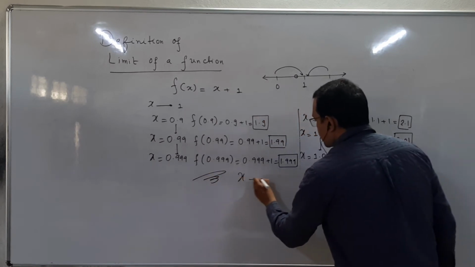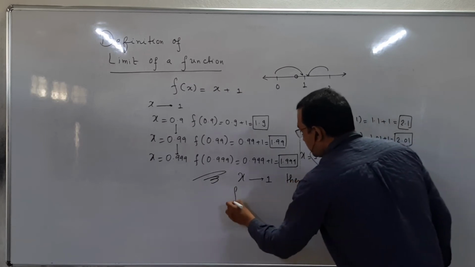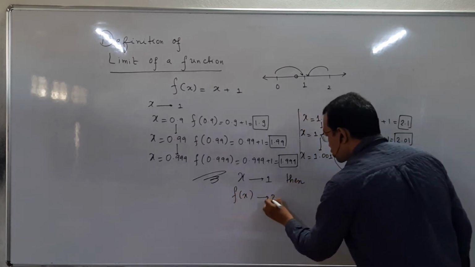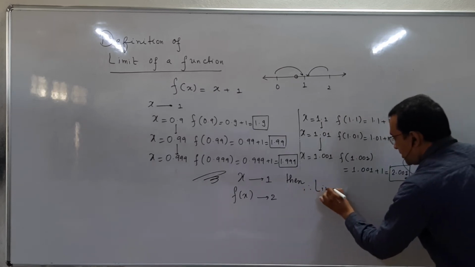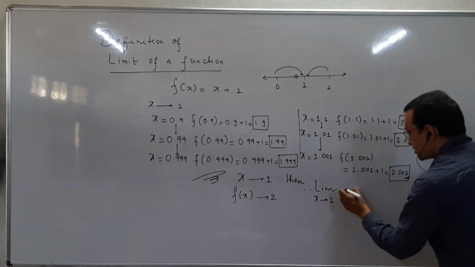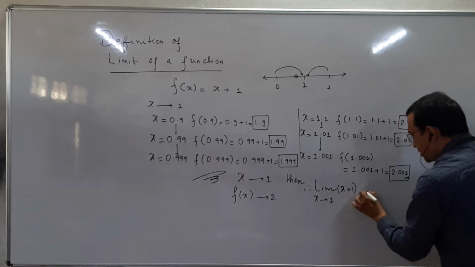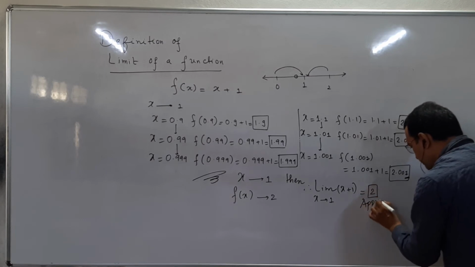That as x tends to 1, the functional value f(x) tends to 2. Therefore, the limit of the function as x tends to 1 of x plus 1 is approximated as 2.